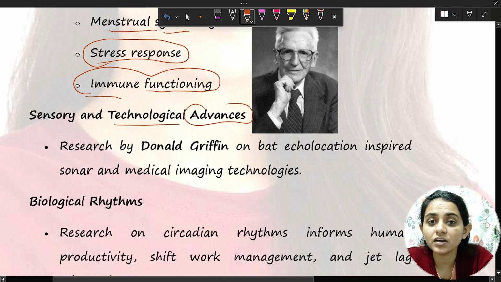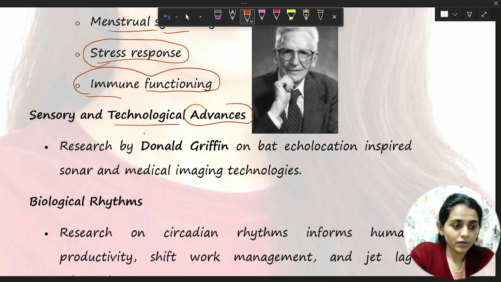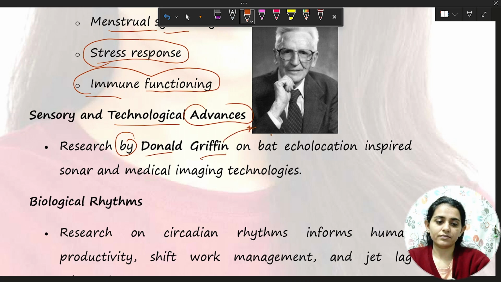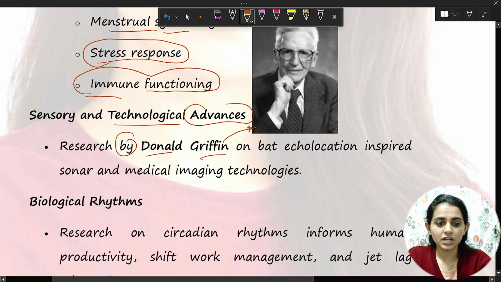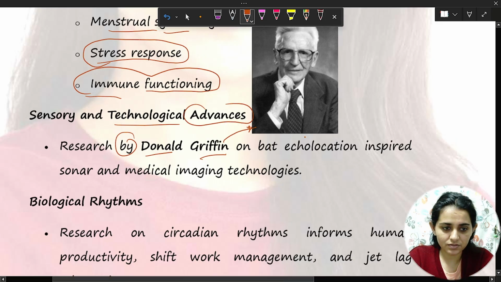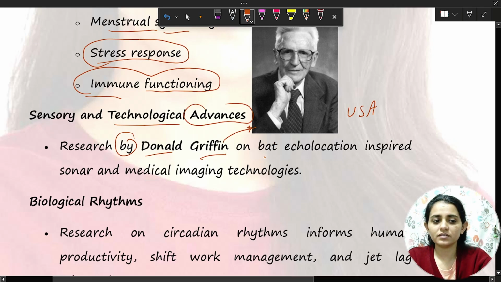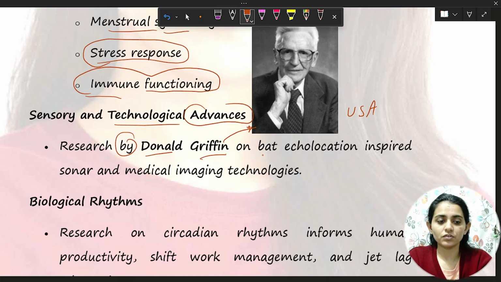By understanding animal behavior, we can improve our technology also. How? Research by Donald Griffin. He is Donald Griffin, not Donald Trump. He is Donald Griffin from the USA. He is an ethologist, or more than an ethologist, he is a psychologist.